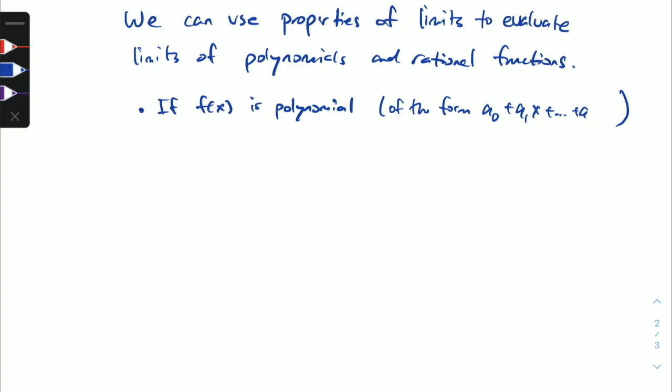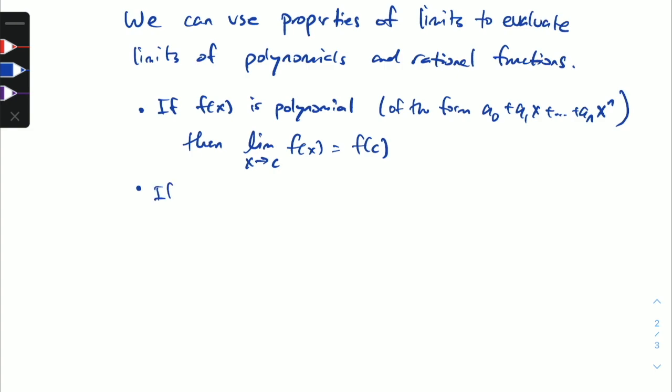Sorry, my handwriting is not great here. So essentially powers of x with coefficients and then summed up. Then the limit as x goes to c of f of x is f of c. In other words, this function is continuous.